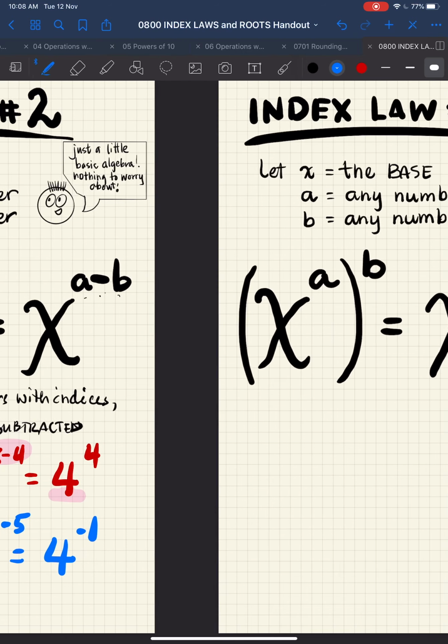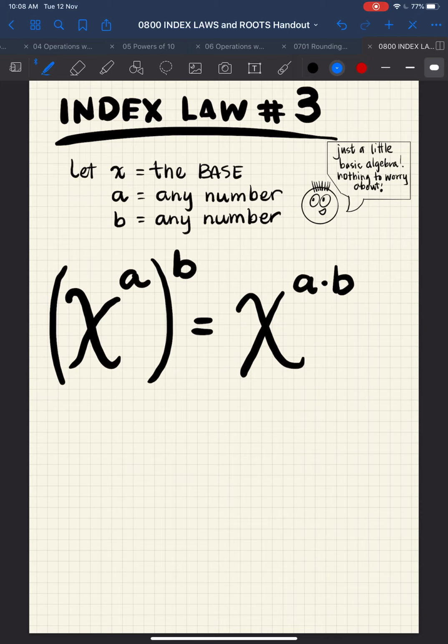Index law number 3. This tells you that when a number with an index is raised to another index, you multiply the indices.